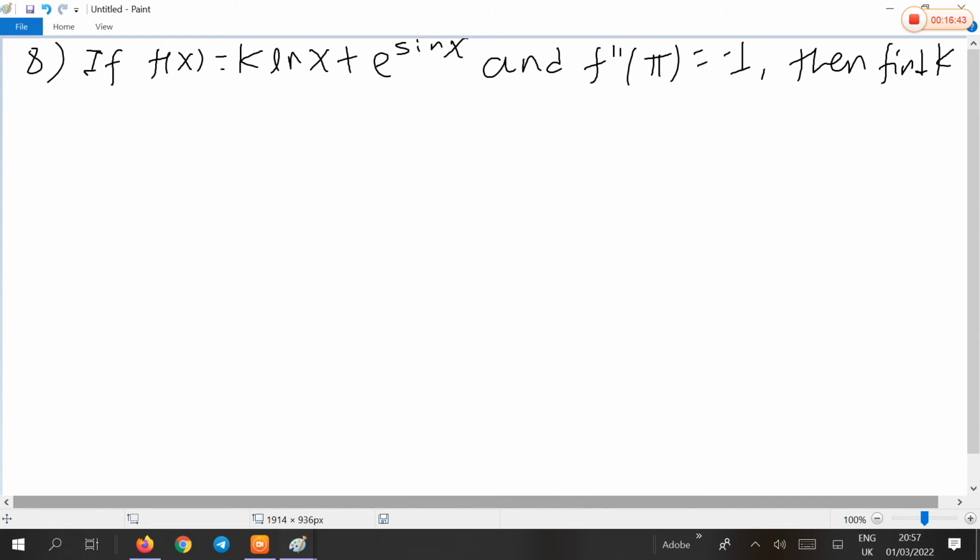The next question is, if f of x is k times ln x plus e to the power of sin x, and if the second derivative at pi is minus 1, then find the value of k.